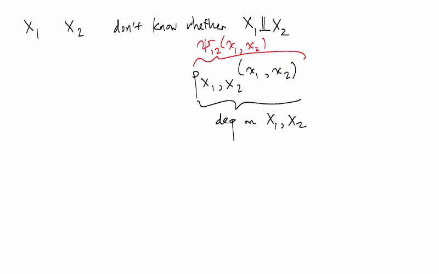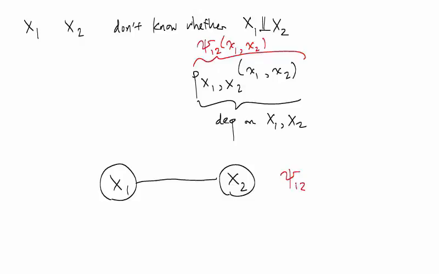So the graphical model here is going to look like, first we have x1, which we put into a circle, and then we have x2, which we put into a circle, and then we have a line that connects them, and the line is here because we have a factor psi that depends on x1 and x2. So here the graphical model is given by this picture right here, and we supply a table psi 1 2.